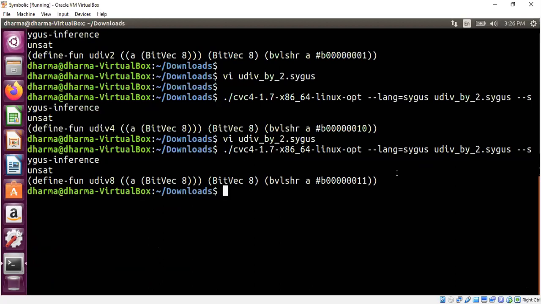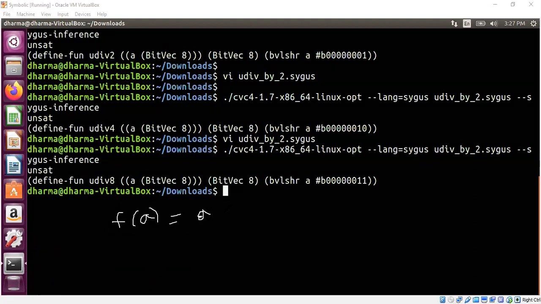Okay, so what is this program doing? Let me walk you through this program. So the synthesized code looks like this now. Your f of a is equal to a right shift by, how much are you right shifting? This is a right shift by 3. Okay, so we saw the pattern earlier.